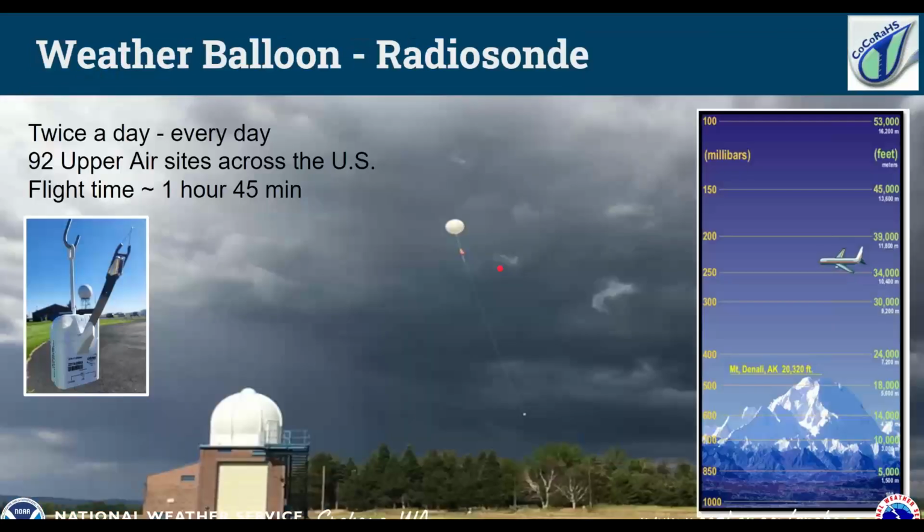Another important tool is the weather balloon. So at our office, we launch weather balloons twice a day, every day, right from Rambo Road. And we fill up a giant hydrogen balloon that stands about 6 feet tall on the ground. And we have a long string, and then we tie it to this little instrument right here that is called the radiosonde.